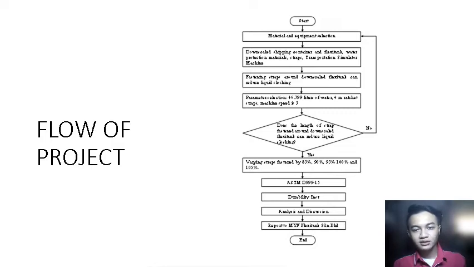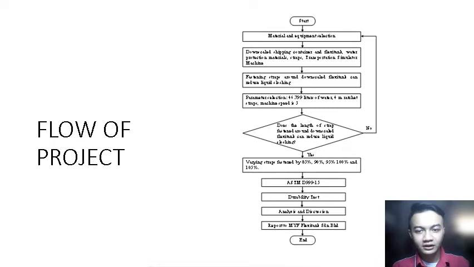And for parameter selection, 46.799 liters of water will be used. 4 meters of ratchet, 4 meters of straps will be used, and the speed of the machine on the transportation simulator used is 5.